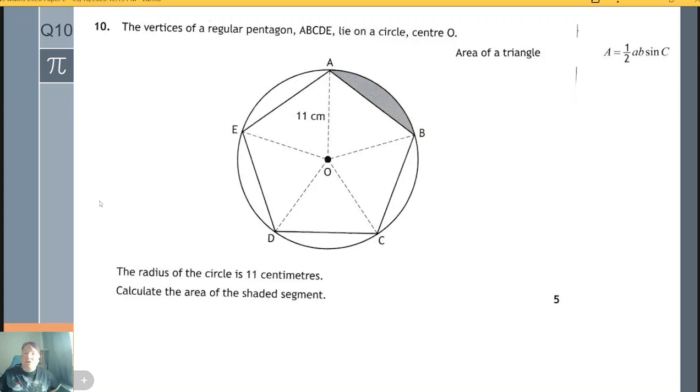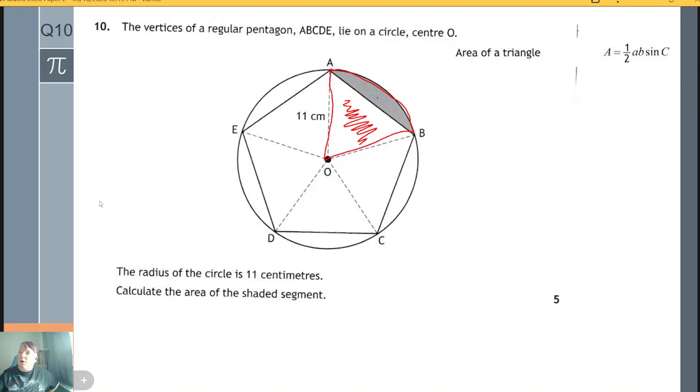Calculate the area of the shaded segment. So we've got this shaded section here, and we're going to look at this bit, and then we can take away this bit to leave us this section.